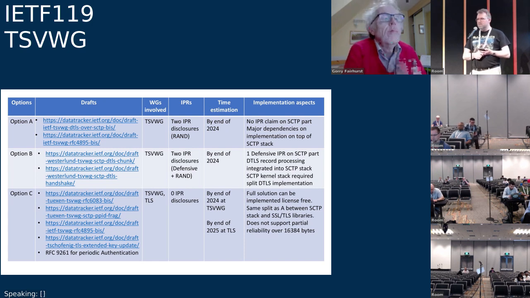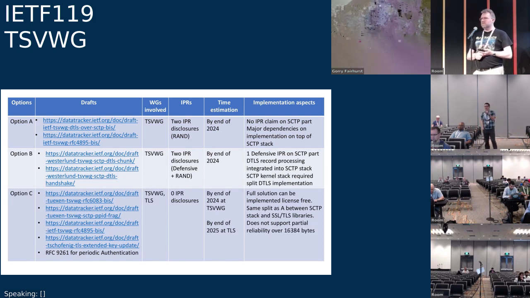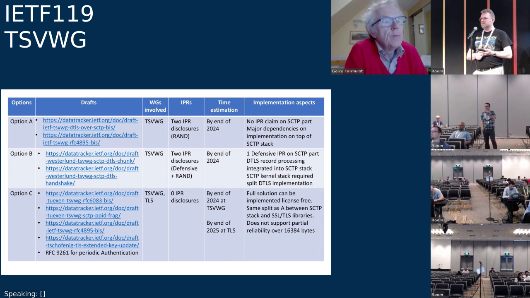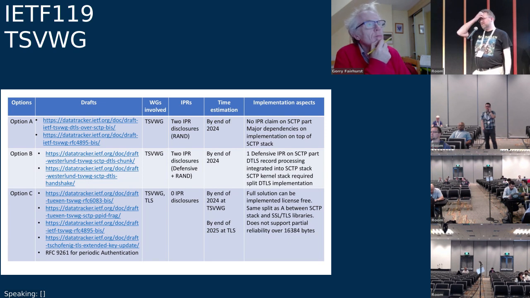Martin. Martin Duke again, no hats. I didn't vote in the previous show of hands, so I was not the no. Regarding option A, I'm still struggling with this, and I'm very persuadable on all these points, but it seems quite problematic to have IPR impairments in the kernel, much more so than with this DTLS server SCTP thing, which is going to be a small number of vendors.